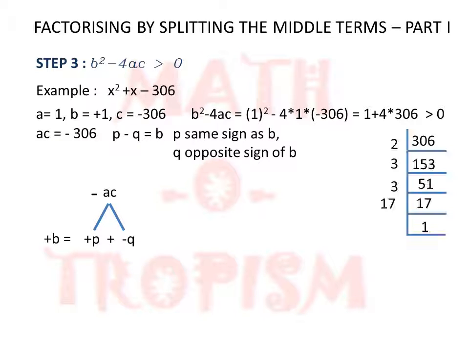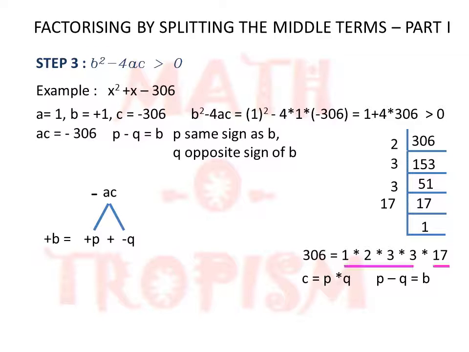So the first step is factorizing C, which is 306. When factorized, it gives us 1 into 2 into 3 into 3 into 17. Now I need to find two factors P and Q for C such that C is equal to P into Q and P minus Q is equal to B. Since it is a subtraction, I am going to take the bigger number 17 on one side. The other numbers multiplied, 1 into 2 into 3 into 3, give me 18.